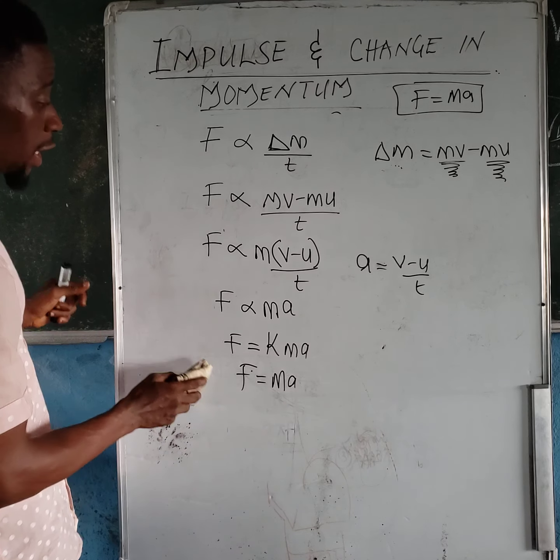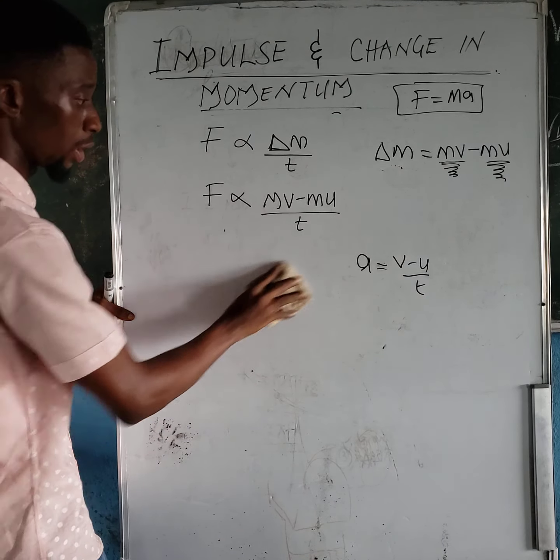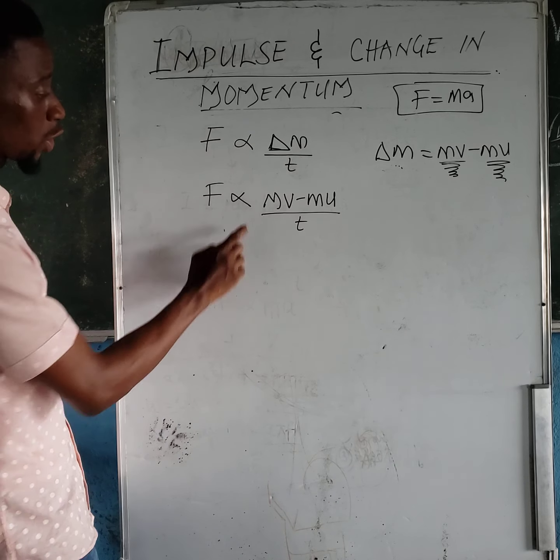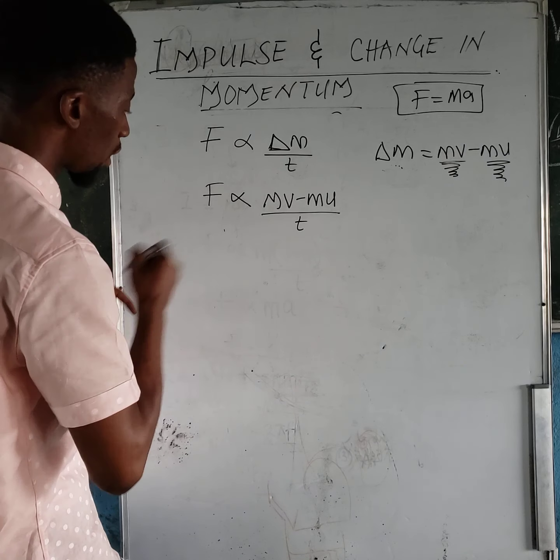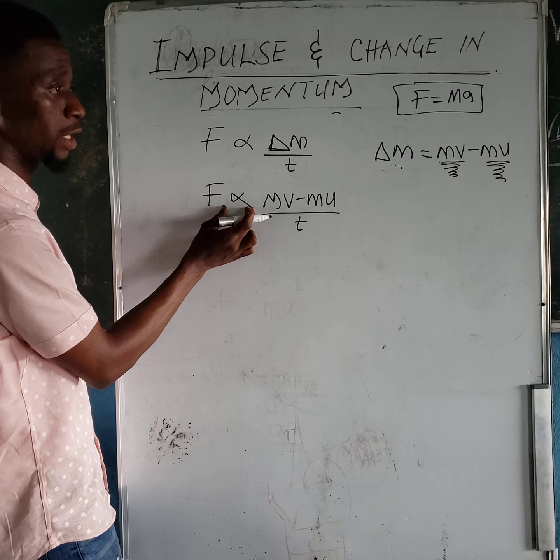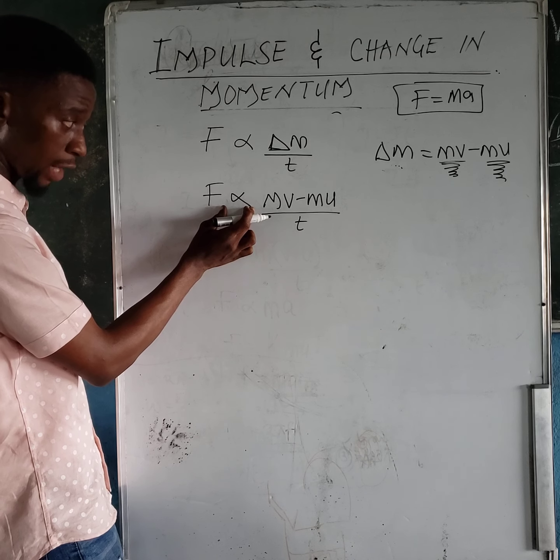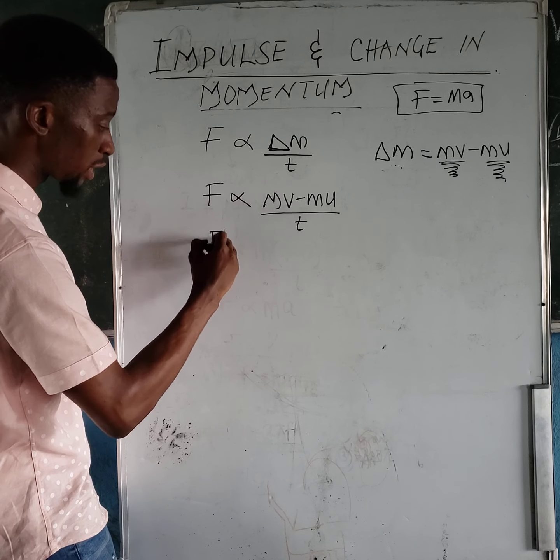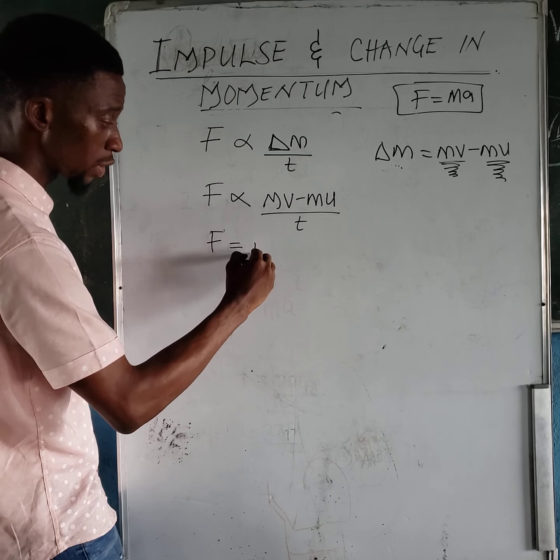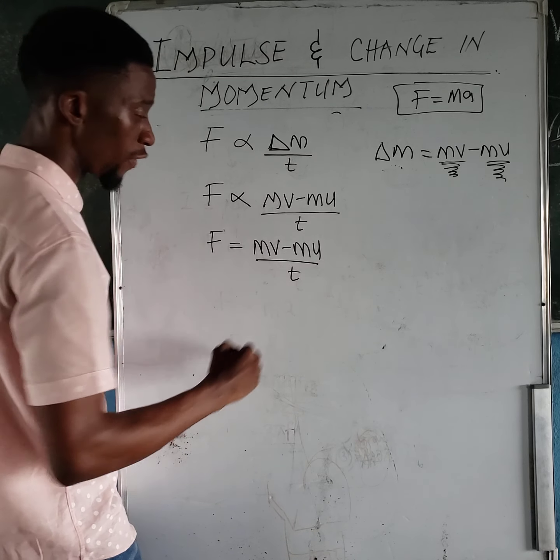Now, from here, if we go back to this equation here, if we remove the sign of proportionality, we have k as the constant and k is equal to 1. So let us ignore that. So we say F becomes equal to mv minus mu all over t.